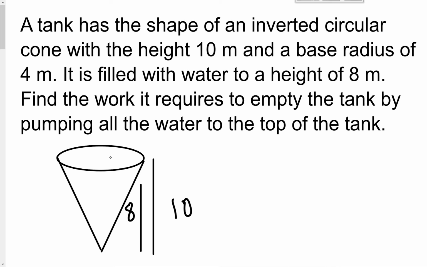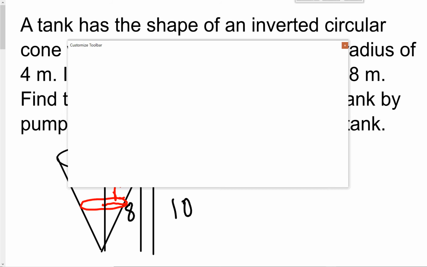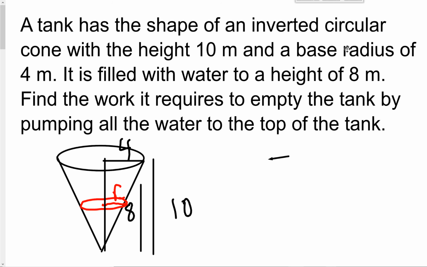The radius is 4. So again, if we do a cross section here, and we do a cross section maybe in between here, we don't know what this radius is, but we do know what the height is from here to here. We know it's 10, right? So we kind of have two triangles in here. We have one with a radius of 4, and it goes down to 10.